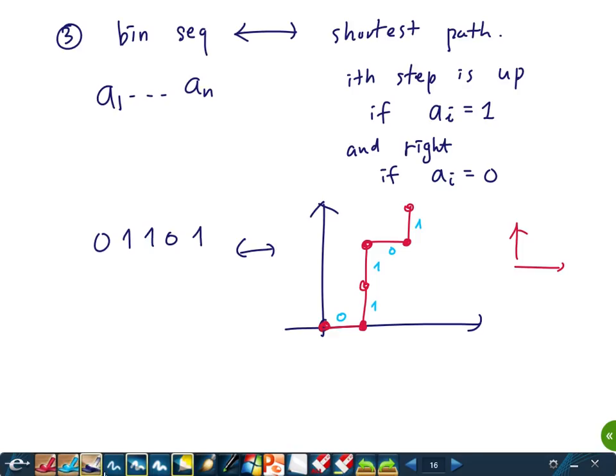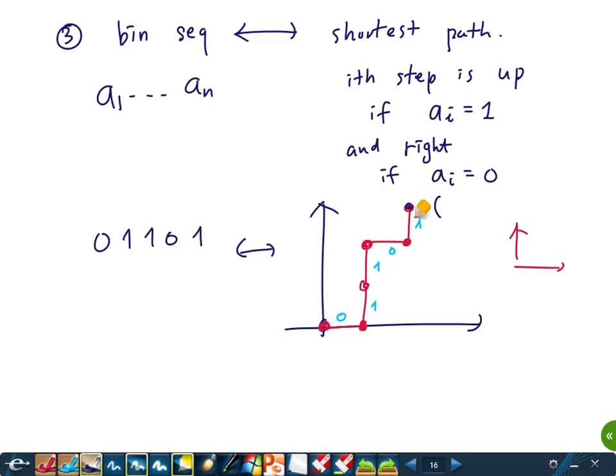Do you see that this is a bijection? If you know this, like I labeled these steps, you can immediately see that it's a bijection. 0, 1, 1, 0, 1. What is the position of the ending point here? Something, comma, something.